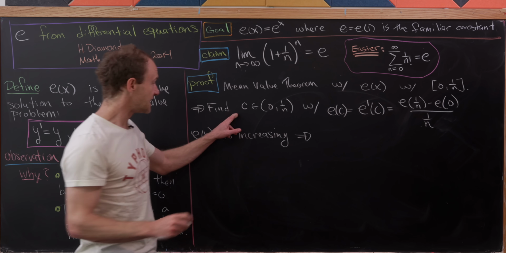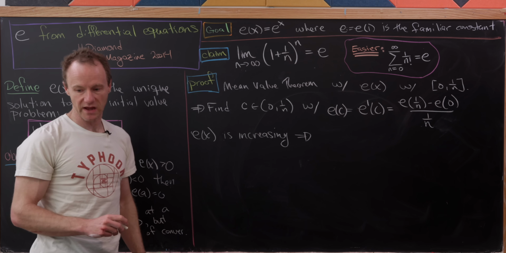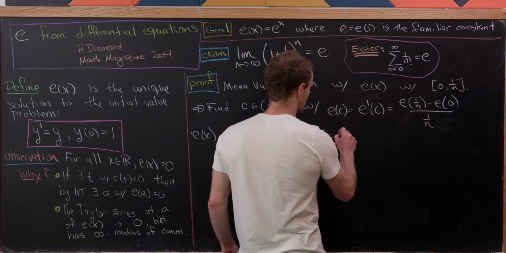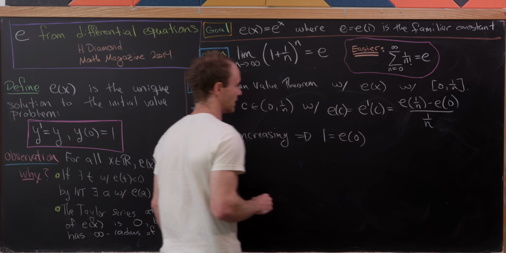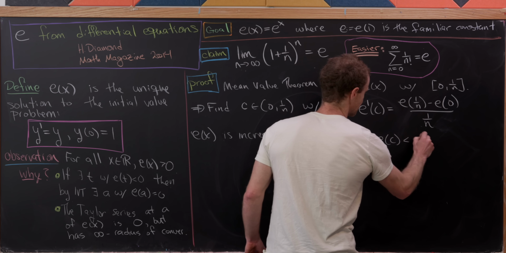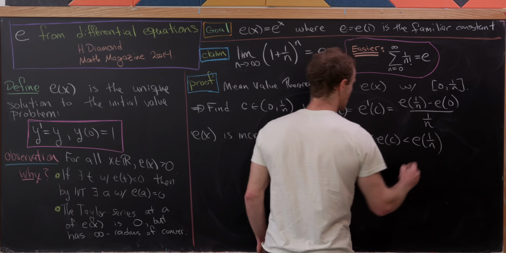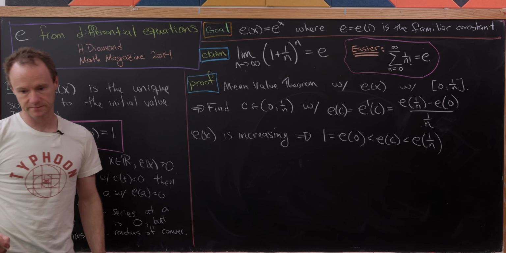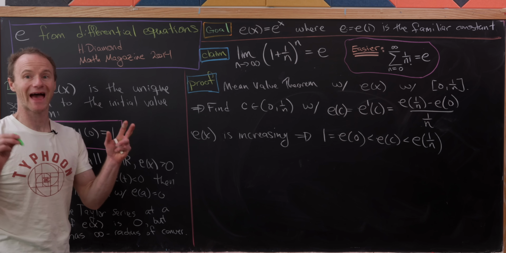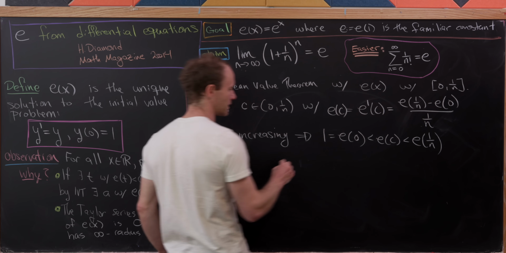Since c is between 0 and 1 over n, we have E of 0, which is equal to 1, so let's put that at the left, is less than E of c, which in turn is less than E of 1 over n.